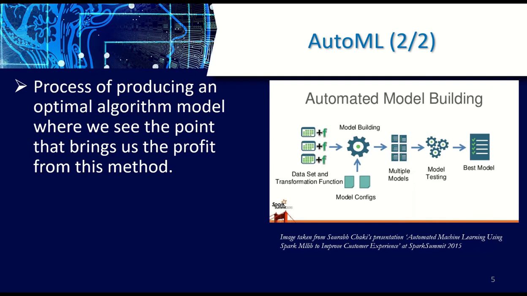So if we make a mistake in this section, the model building, for example, then the whole process will be wrong. So we need to be very focused on what we are doing. And this problem, automated machine learning came to solve.